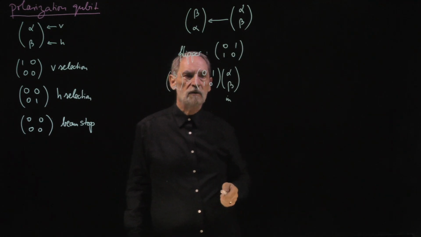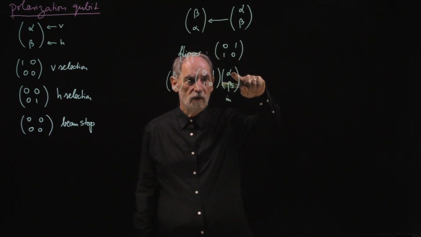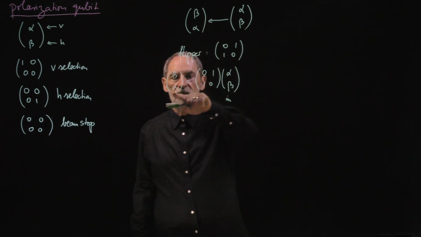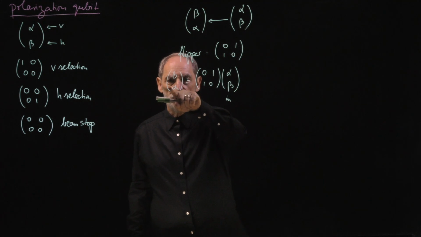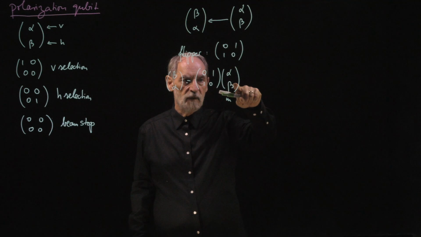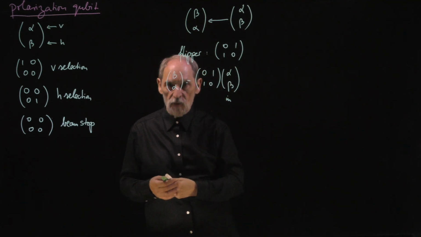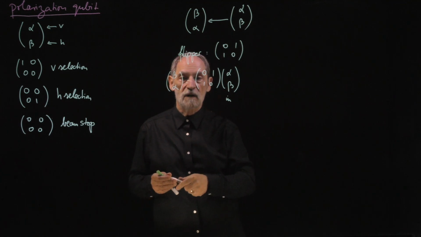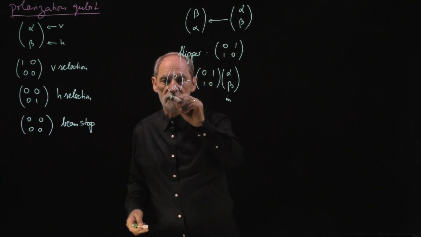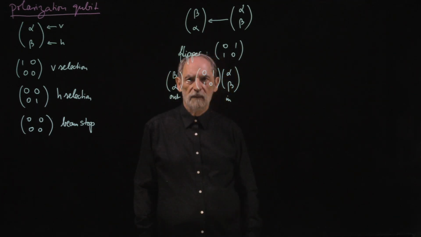So it indeed converts the amplitude alpha for vertical polarization into an amplitude for horizontal polarization, and the beta amplitude incoming for horizontal polarization becomes the amplitude for vertical polarization after passing the light through this flipper.